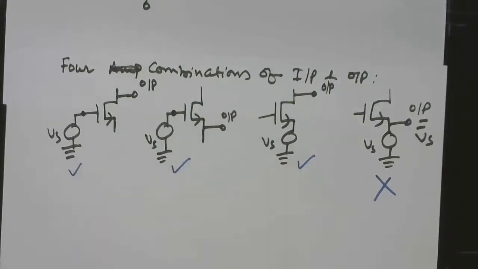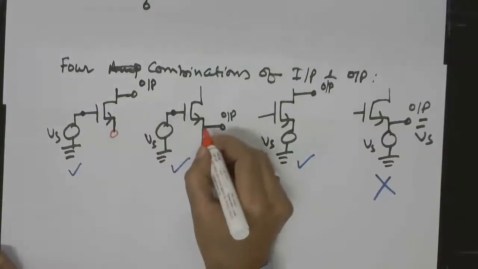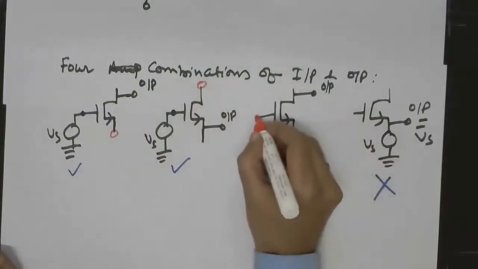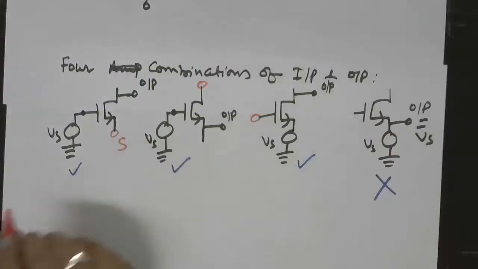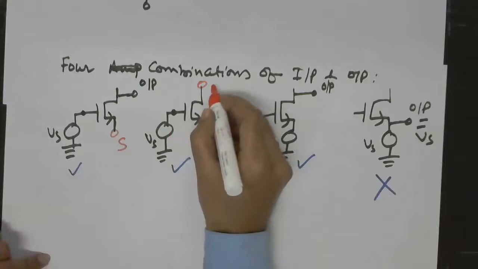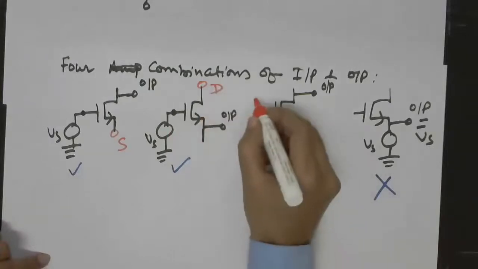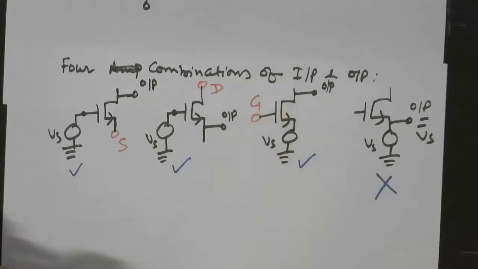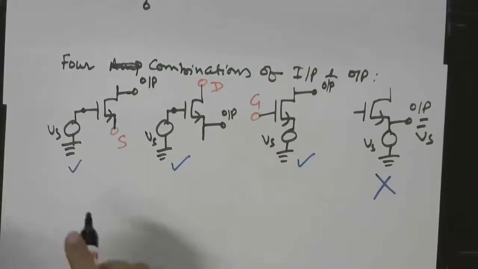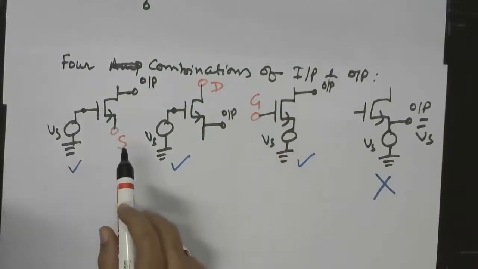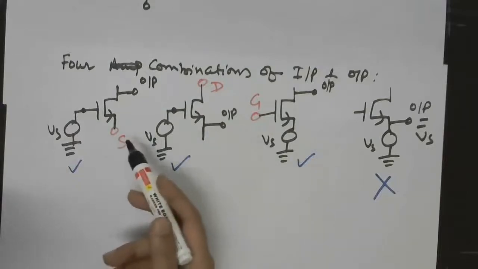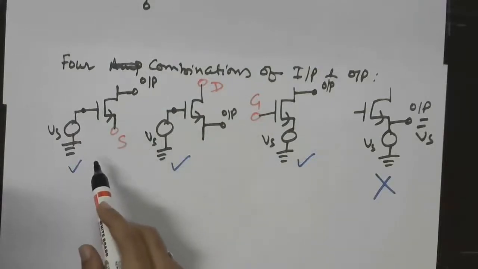So you can see that there is always one node which is apparently not being used. Here we have a source sort of not being used. Here we have a drain which is not being used. Here we have a gate which is sort of not being used. So why am I saying sort of not being used? Because when you see it in this way, it clearly appears that it is not being used.